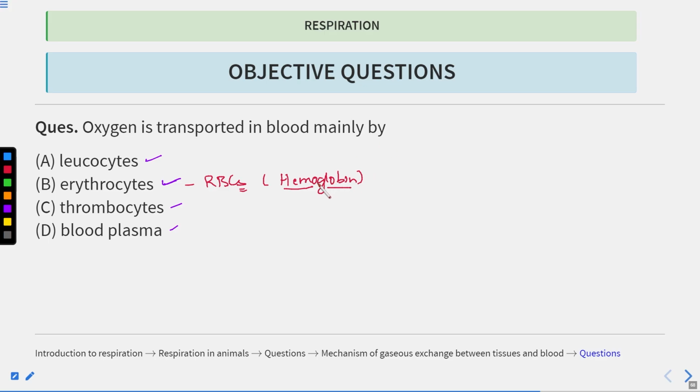So hemoglobin is made up of heme and the protein known as globin. Heme is an iron-containing porphyrin ring, and hemoglobin also consists of this globin protein.